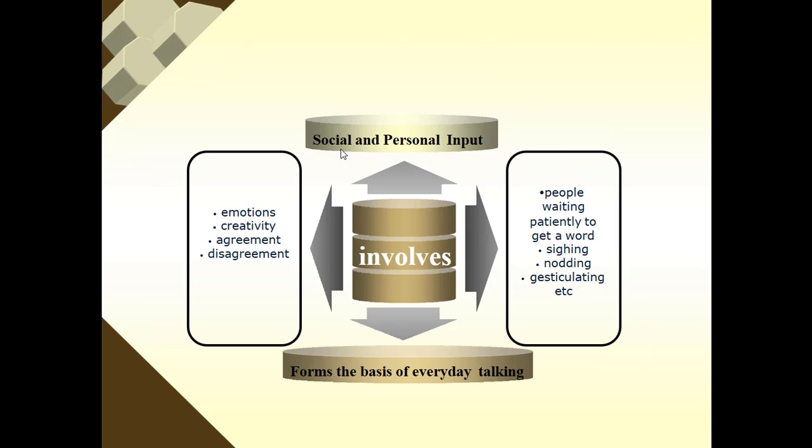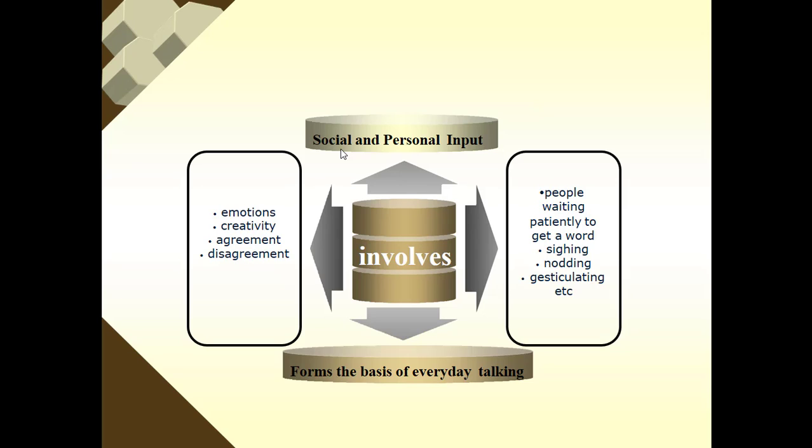Anyway, now there's going to be a social and personal input that involves the basis of everyday talking. What is this? We're going to require students to involve their own contexts inside their learning process, right? So, what is it going to involve, as you see over there?